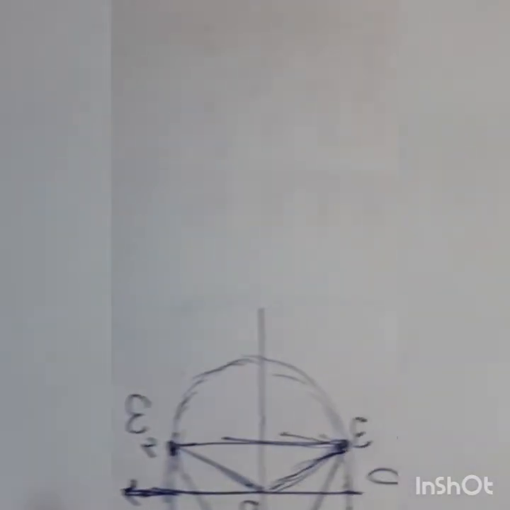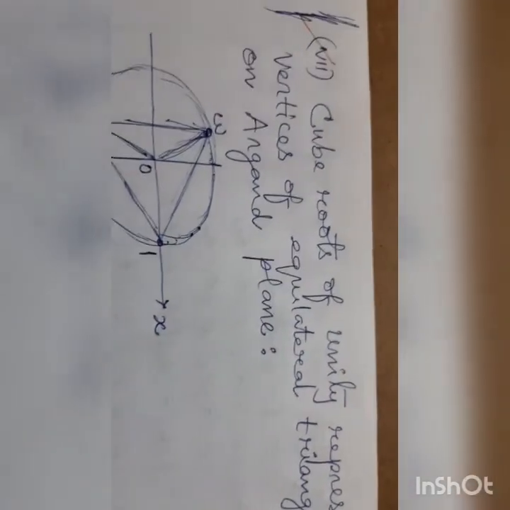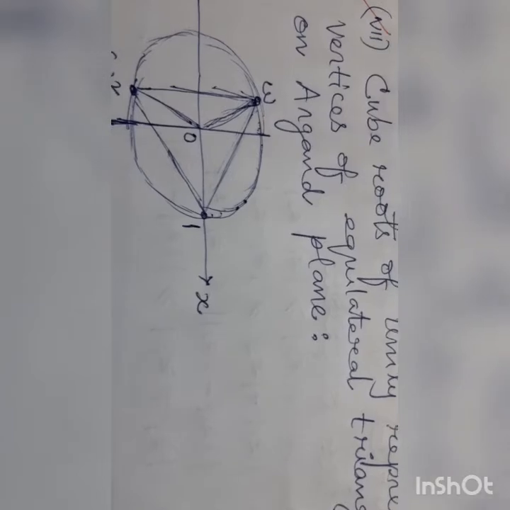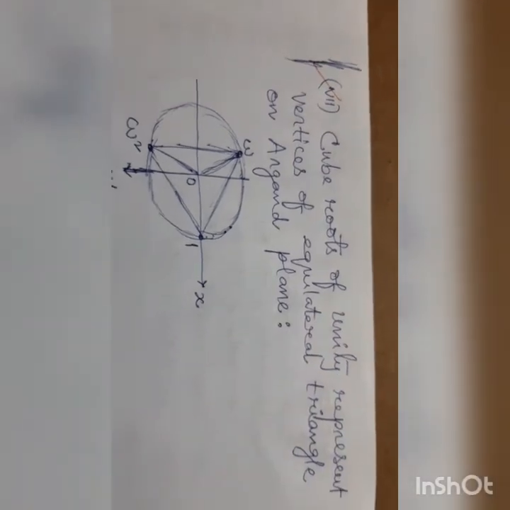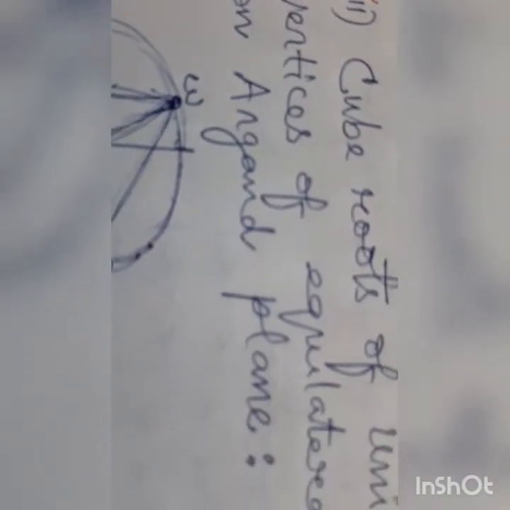Next. Cube roots of unity (1, omega, omega square) represent vertices of an equilateral triangle on the Argand plane.